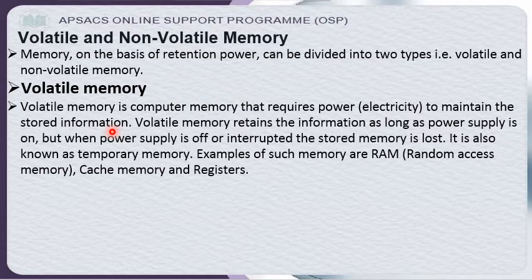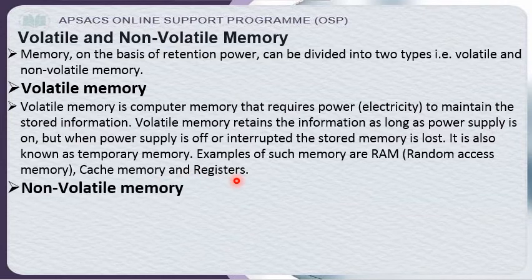Whenever you turn off the supply, when you turn off your computer, the data in that memory will be lost or deleted. So it is also known as temporary memory. Examples of these memories are RAM, cache memory, and registers.